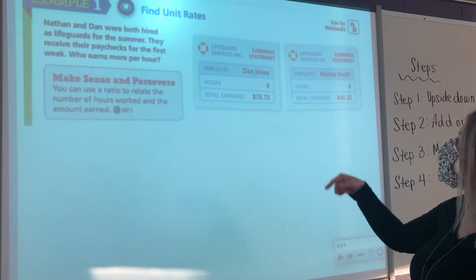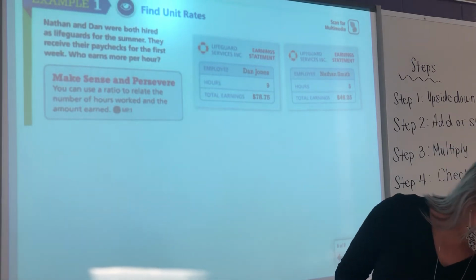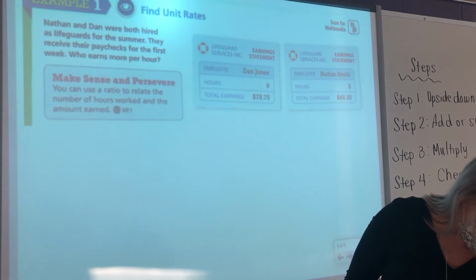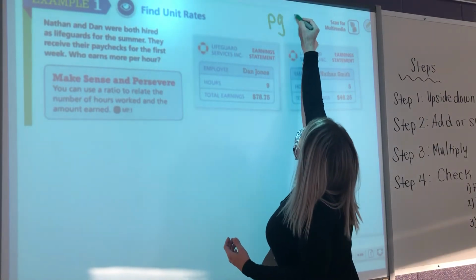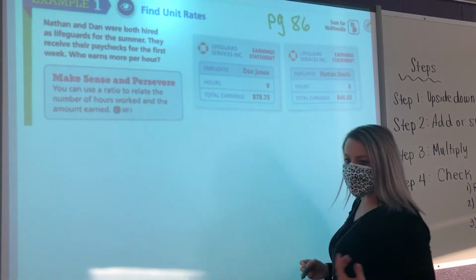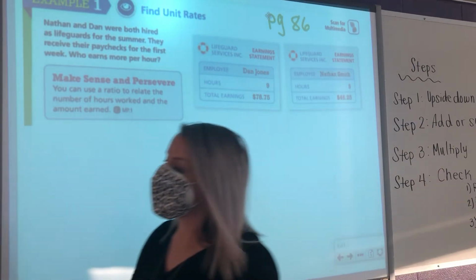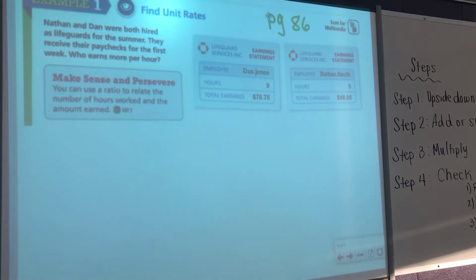All right. So turn to page 86. Okay, so this is on page 86. Now, when you're working in your Pearson books, it gives you a lot of stuff. I don't give you as much stuff when we're working on a slideshow, right?